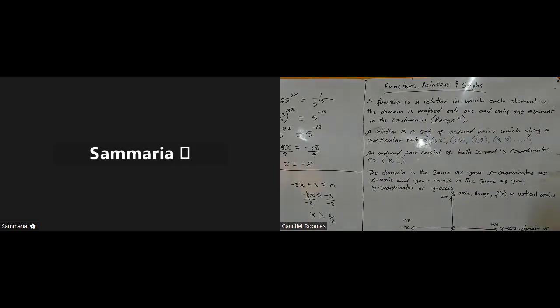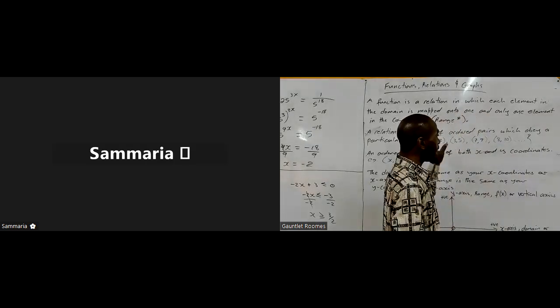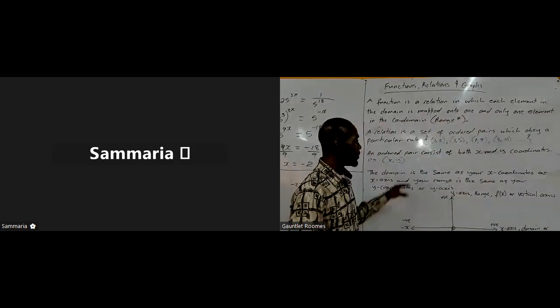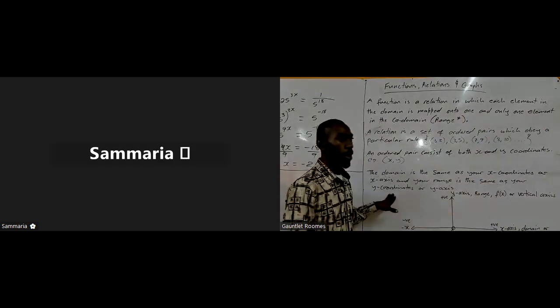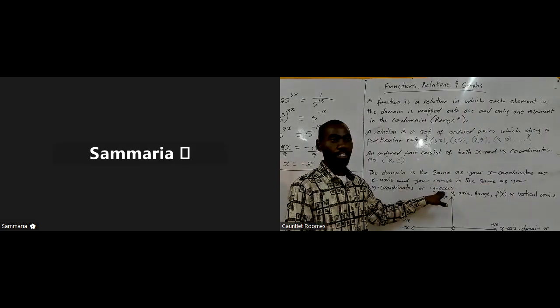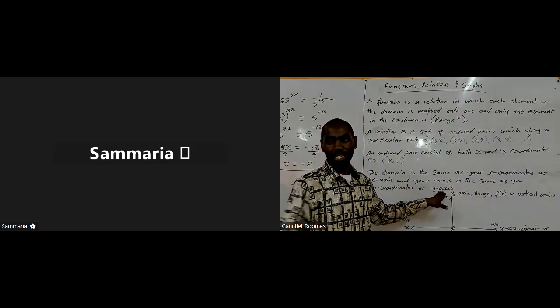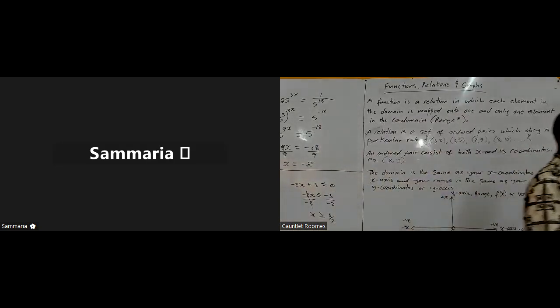And your range is the same as your y coordinates, or we can say the same thing as your y axis. So this is what is meant by those terms, domain and range.